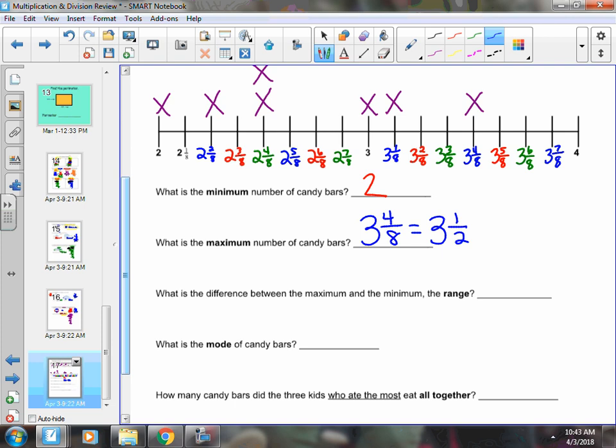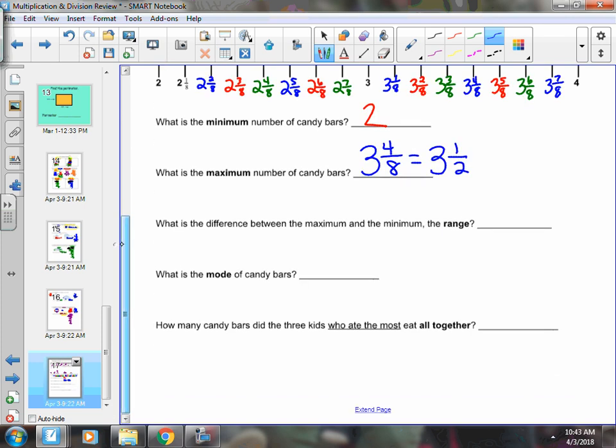It's the maximum. The difference between the max and the minimum is called the range. Home on the range. Where the max and the minimum play. Or it's the biggest number minus the smallest number in the group. So if we take our maximum minus our minimum, we will get the difference between the two. So our maximum is 3.5.